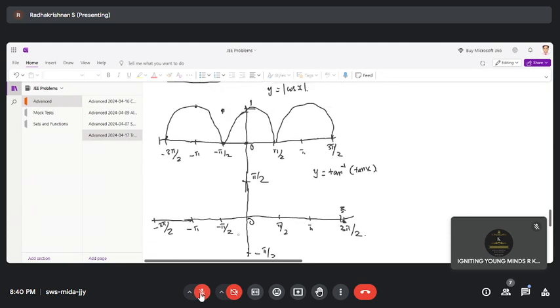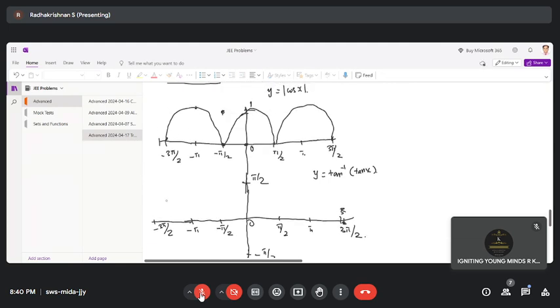Okay. So let us pick up some points. When x equals 0, tan x equals 0, and tan inverse of x is also 0. Okay, this is our point. When x is pi by 2, tan x is not defined, it is infinity. So in the vicinity, near pi by 2, not excluded, tan inverse will be pi by 2.